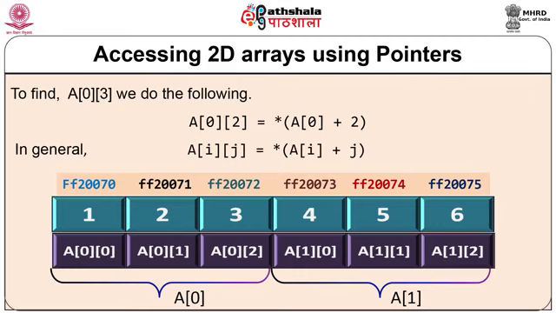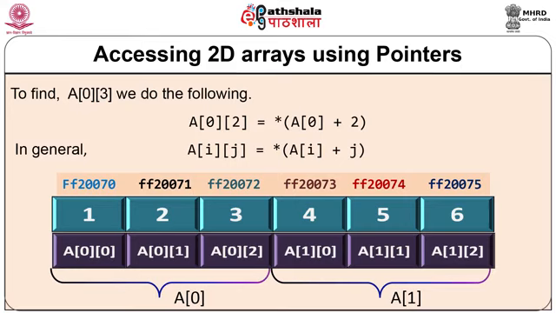In general, Aij equal to *(Ai + j). The figure shows accessing two-dimensional arrays using pointers. Here we can understand why a two-dimensional array is a one-dimensional array in physical memory. You can see A0 and A1.